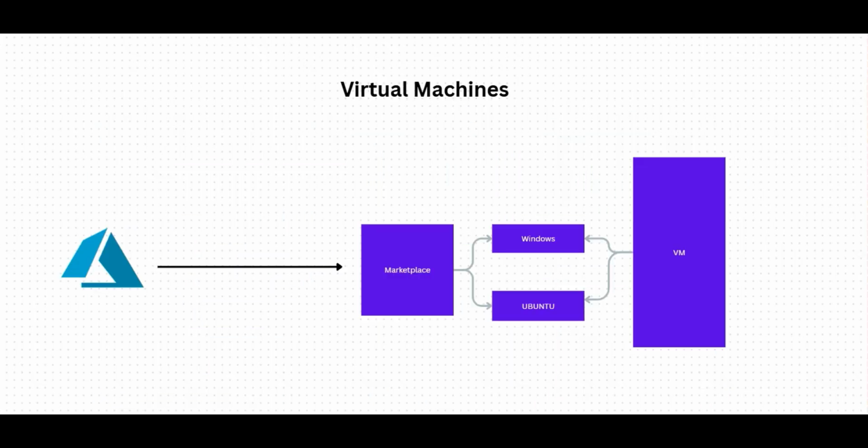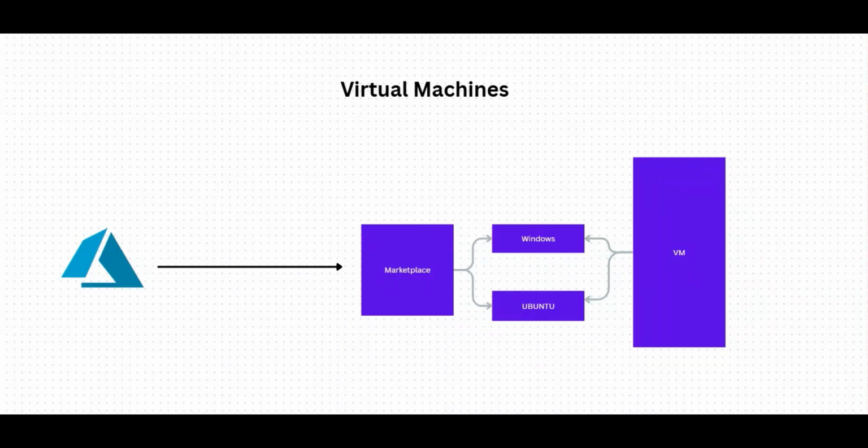So now that we have understood what virtualization is, let's dive deeper into what a virtual machine actually is, especially in the context of Microsoft Azure. Microsoft Azure provides a virtual machine service that allows you to run your applications in an isolated, scalable, and secure environment without managing physical hardware.